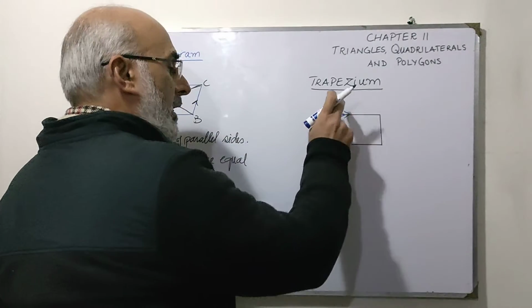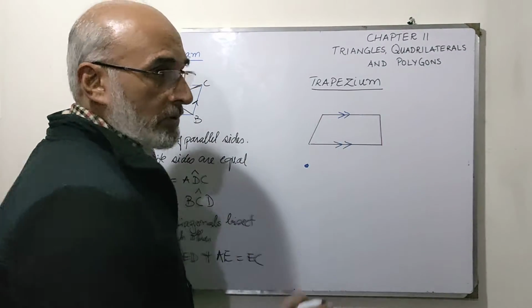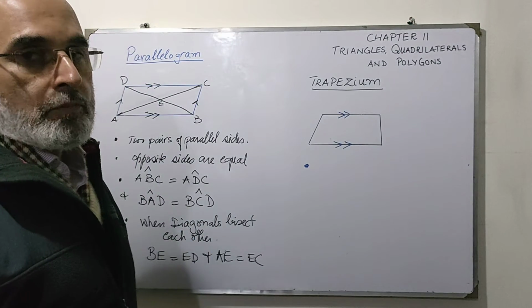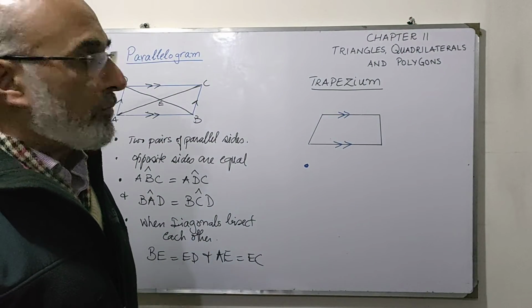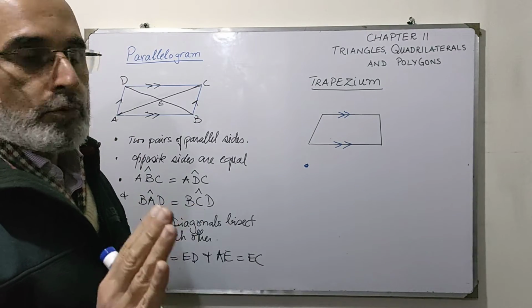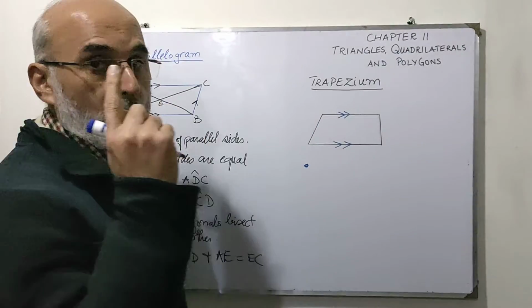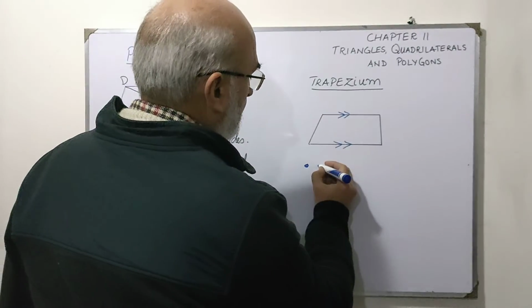Like in this case, this line is parallel to this, but this is not parallel to this. So in trapezium, we are going to have one pair of parallel sides, not two pairs. In the parallelogram, there are two pairs of parallel sides. In the trapezium, there is only one pair of parallel sides.